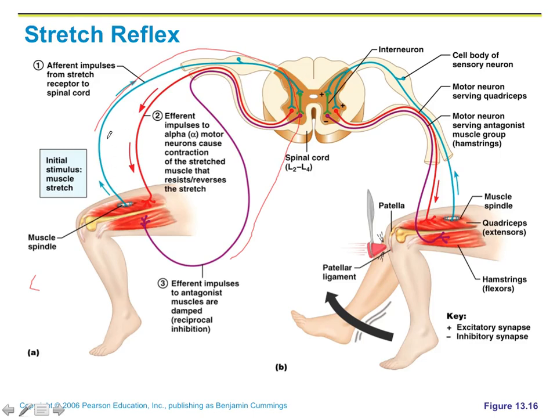Because this is a stimulus action potential, it will stimulate the motor neuron. The motor neuron sends the impulse to stimulate the muscle, causing muscle contraction, which allows extension of the knee joint.